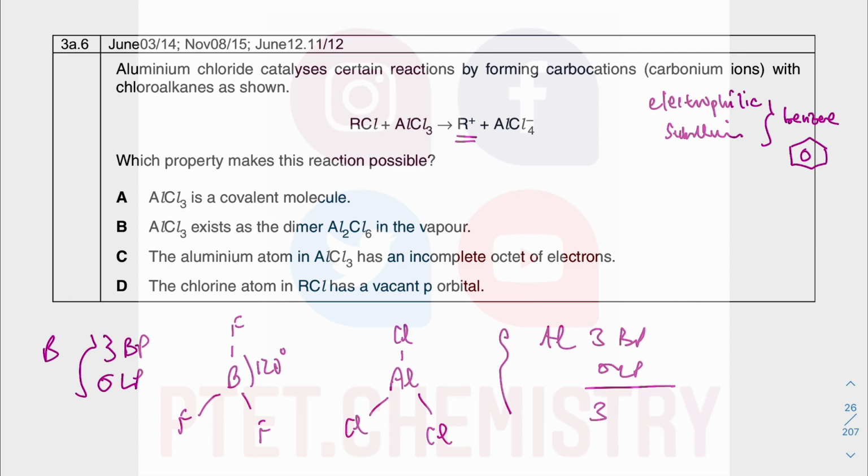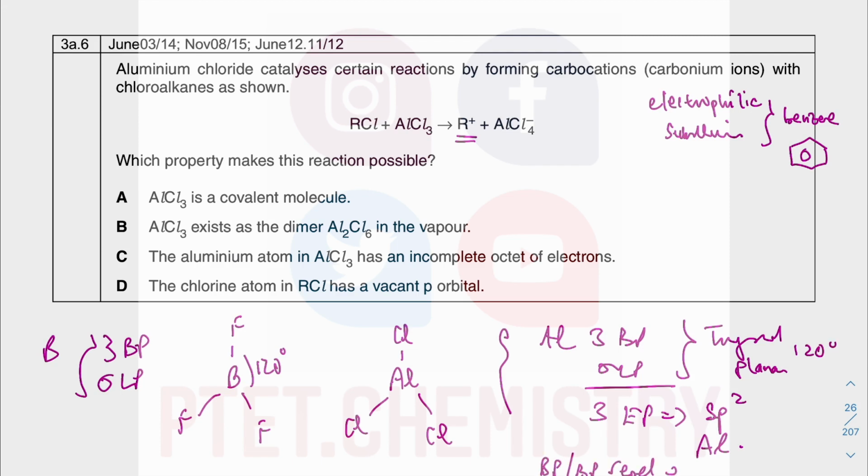You get 3 electron pairs, which will give you the sp2 hybridization. Aluminium is trigonal planar, 120 degree, as the bond pairs repel equally. Again, this is all part of the valence shell electron pair repulsion theory called VSEPR.